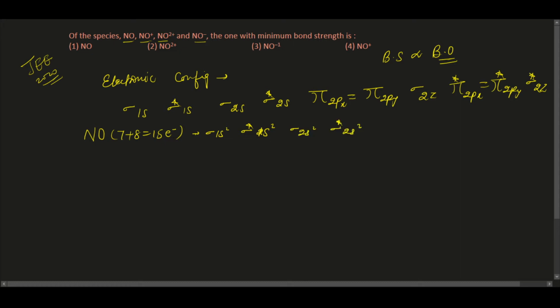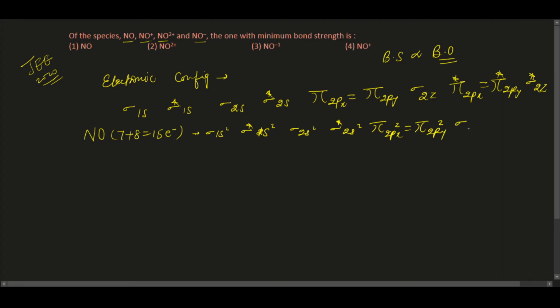So we have filled 8 electrons right now. Then pi 2px equals pi 2py: 8 and 4 from here, that is 12. Basically we fill 1 electron here and 1 electron here, again 1 electron here and 1 electron there. So we have 12 electrons and we have to fill 3 electrons more.